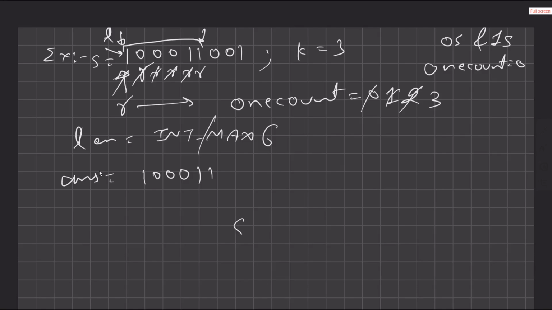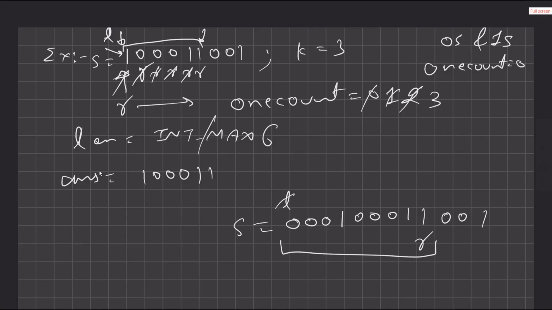It may happen that your string is something like 000 1 000 0 1 1. So in that case your left will be here and right is here. And you are choosing length as this, but you need to make sure this L is pointing to 1, starting with 1, and right should be pointing to R minus 1.